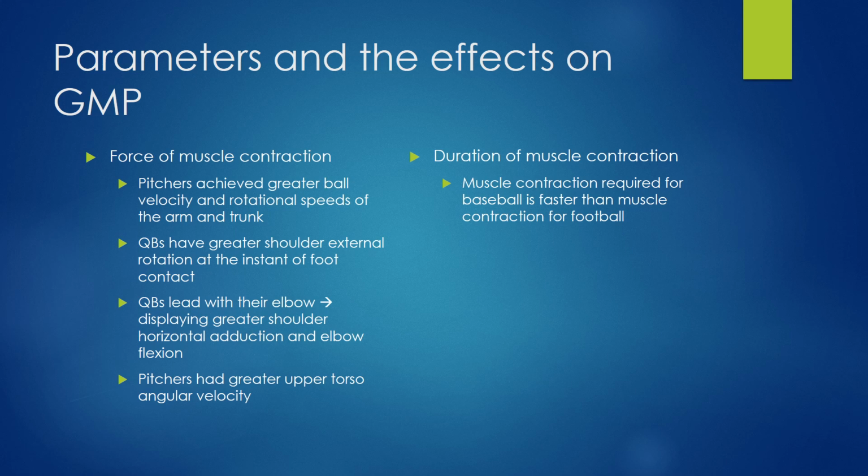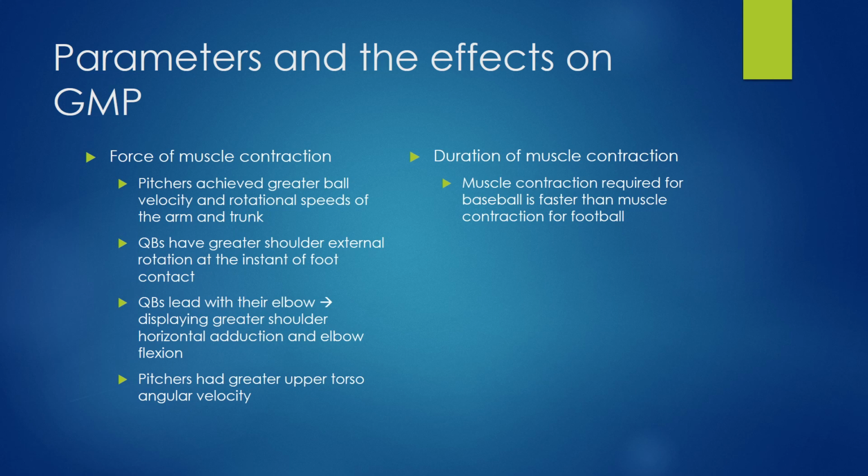And then lastly, the duration of muscle contraction. So in the study by Fleisig and company, they found that the muscle contraction required for baseball is a lot faster, like the timing needed for muscle contraction is quicker than the muscle contraction for football, because the motion for pitching has to be super quick to get all of that force and power and speed behind the throw.